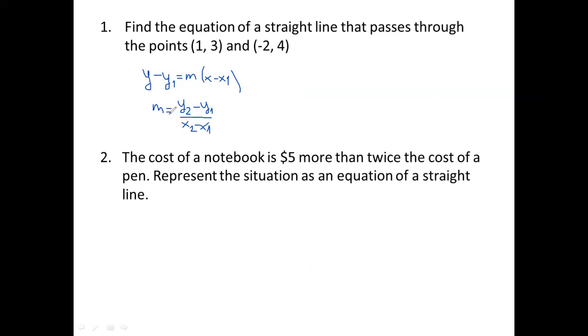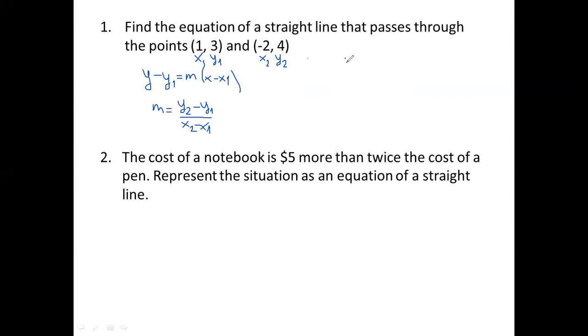So first we need to find how much the slope m is. Here I will write down, this one will be x1, this will be y1. These are the 2 points given. This will be x2 and this will be y2.